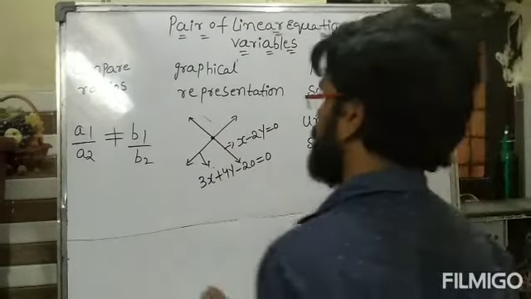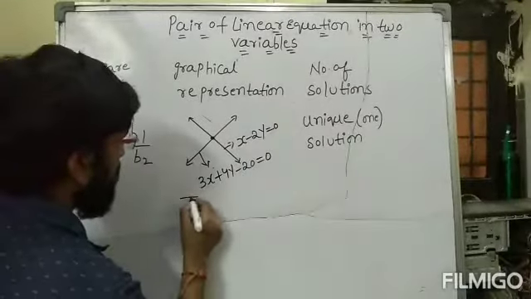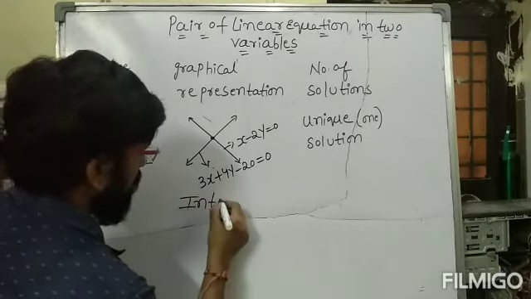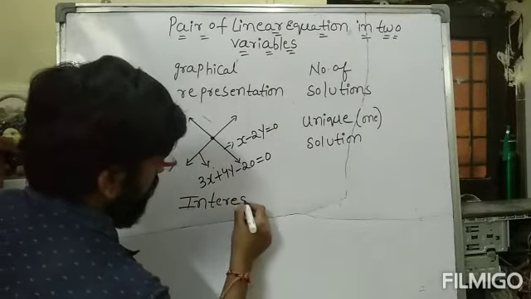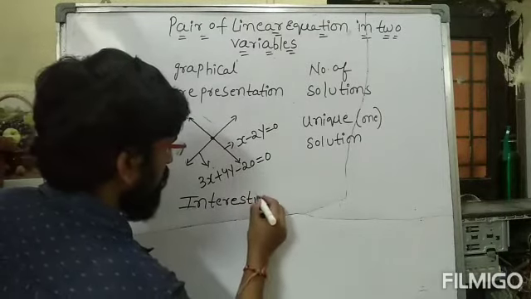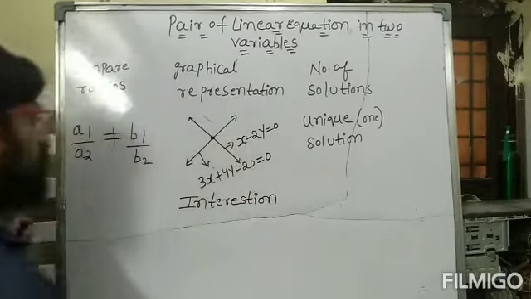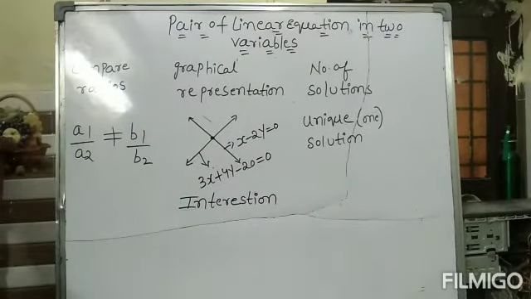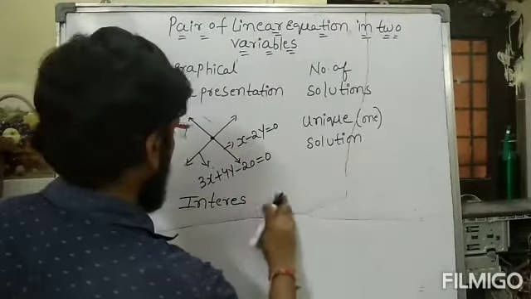And it is called intersection. They are called intersecting lines.